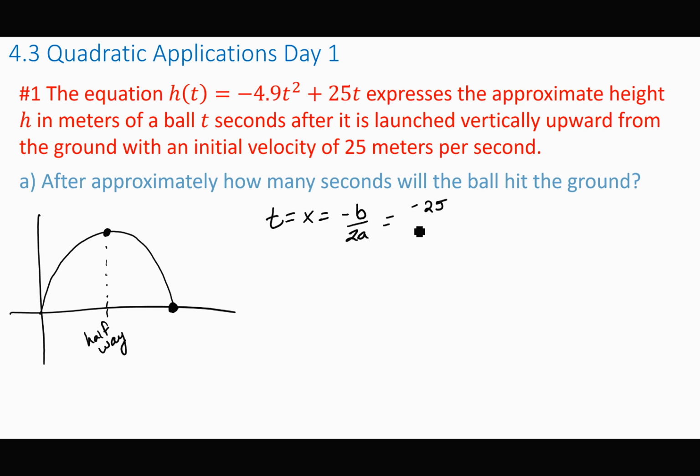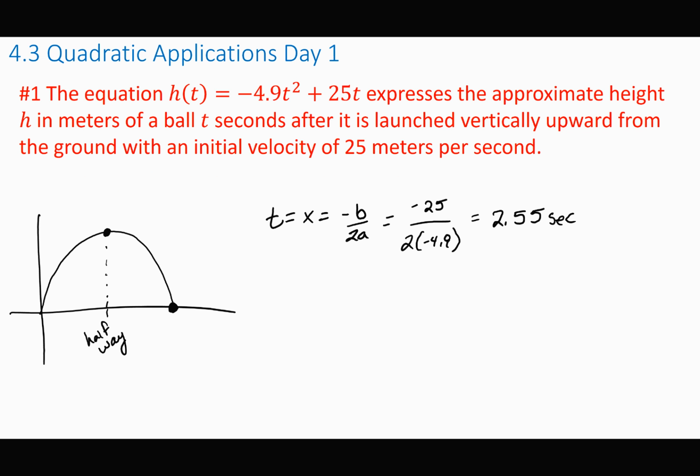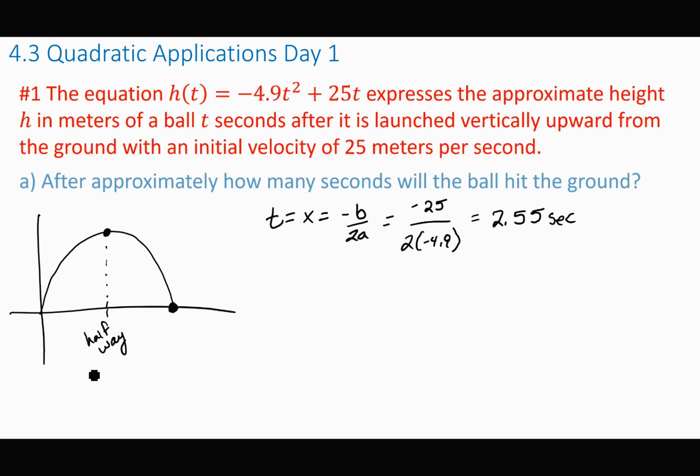So this would be negative 25 all over 2 times negative 4.9. Okay, so negative 25 divided by 2 times the negative 4.9 ends up being 2.55 seconds. So halfway was 2.55 seconds.